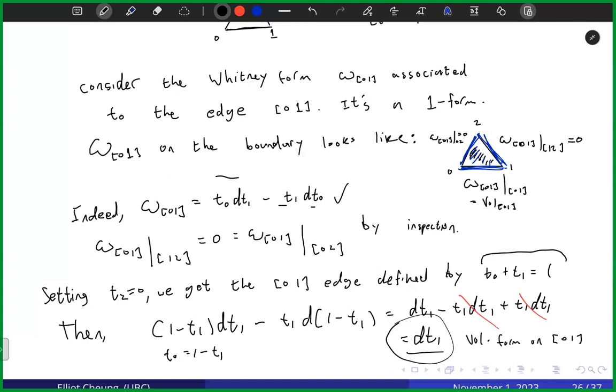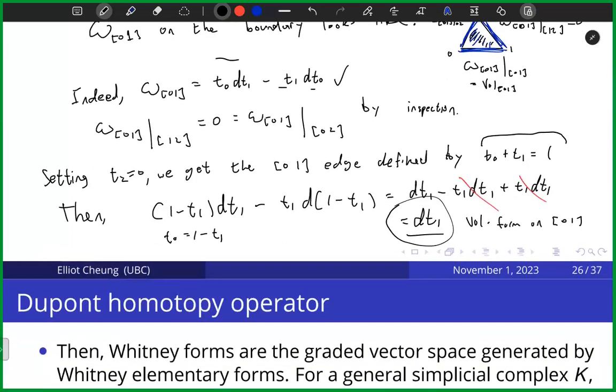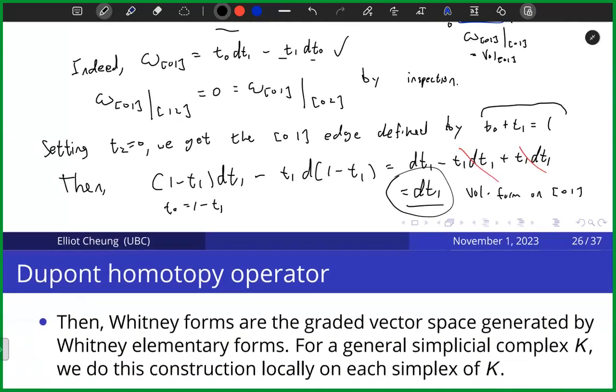Okay, so that's what Whitney forms are. Those are Whitney elementary forms, a Whitney form associated to a specific face. In general, we take the vector space generated by these.